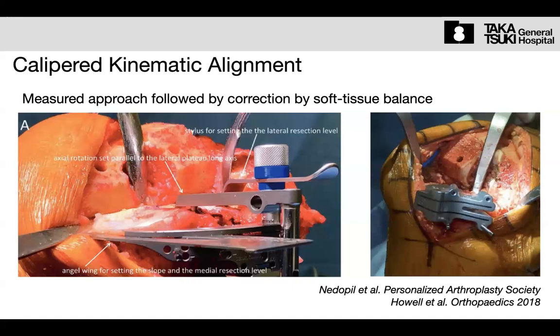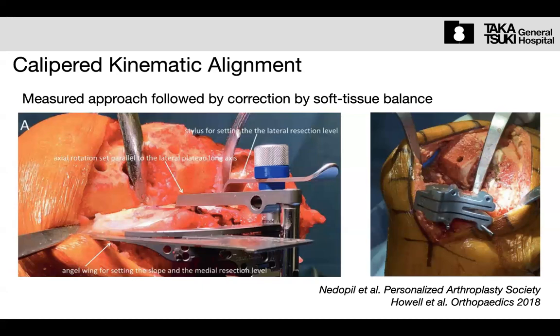In the gap balancing technique, we evaluate the gap and decide the cutting surface, respecting the gap. So as a result, after the gap balancing technique, the gap can be balanced because we decide the cutting plane based on the gap to make the ideal parallel gap.